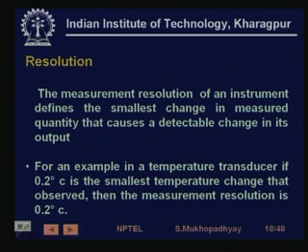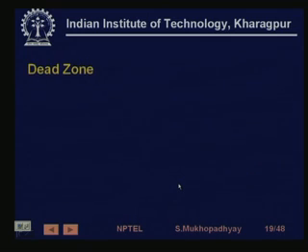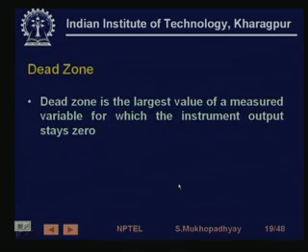If a temperature transducer's resolution is 0.2 degree centigrade, then it is the smallest temperature change that can be observed. Similarly, similar to the concept of resolution, sometimes sensor systems will have dead zones. For example, we often find that electrical meters sometimes stick.